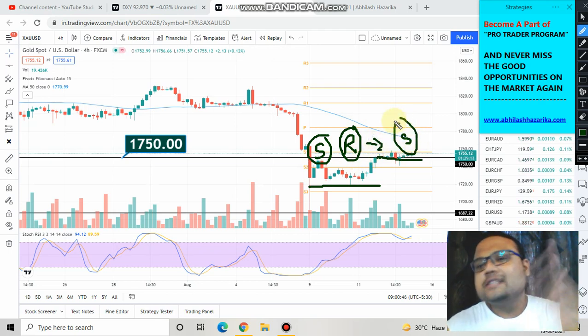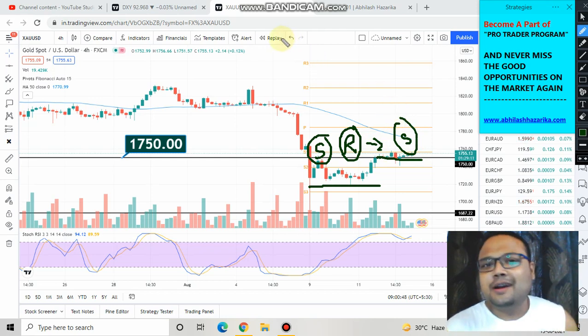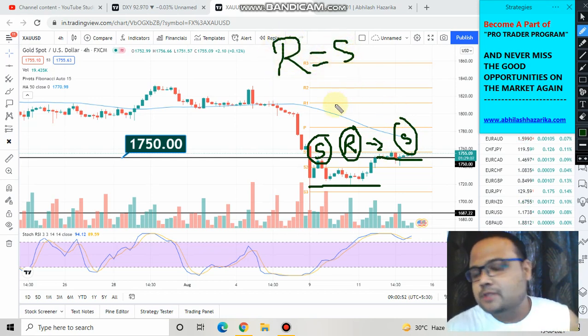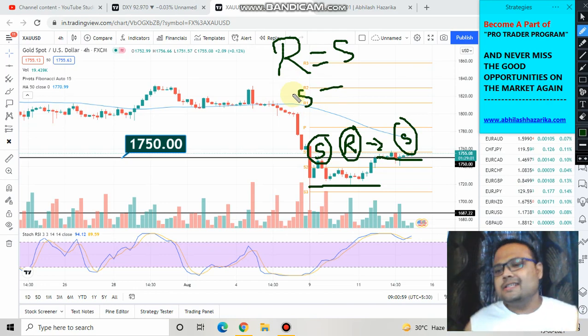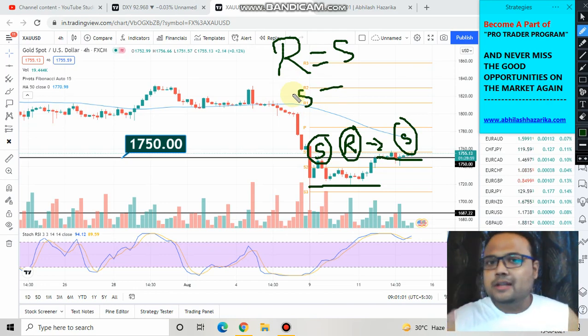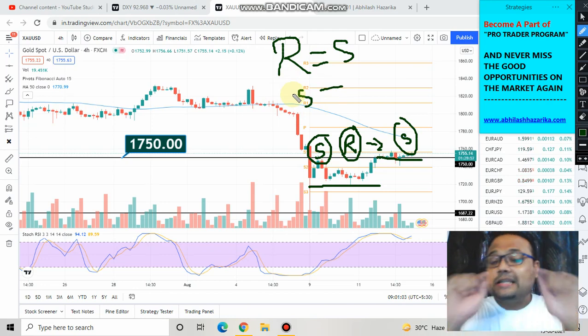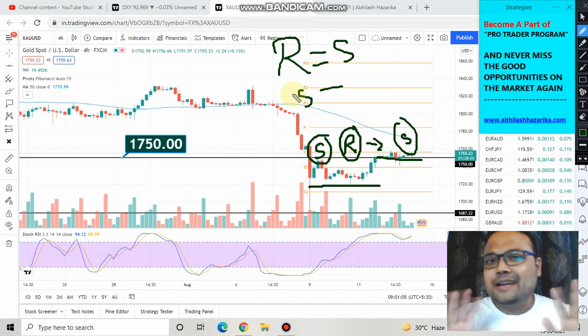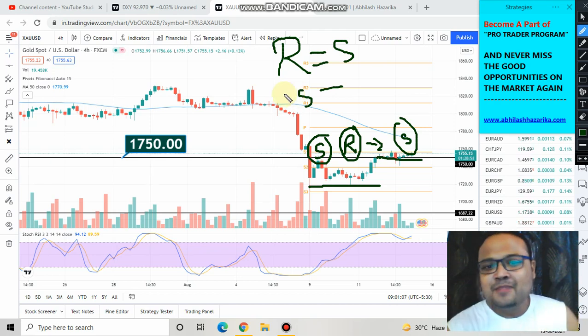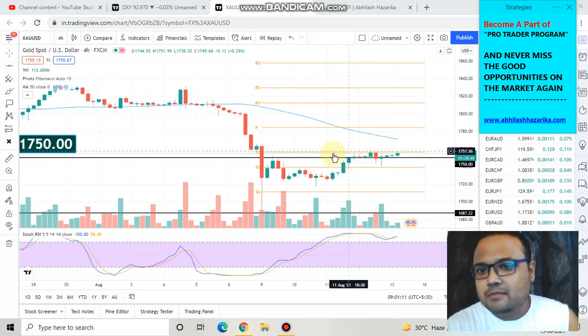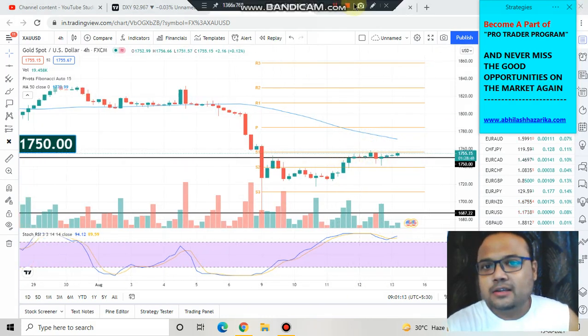That's why I always say in my videos that wait for the market to give you the confirmation whether the support has become resistance or not, and the resistance has become support or not. Because in the market you always see that resistance becomes support and support becomes resistance, and this is a clear indication. This is the best example I can see. The support is becoming resistance, and now you can see that the same resistance is trying to act as support for the market.